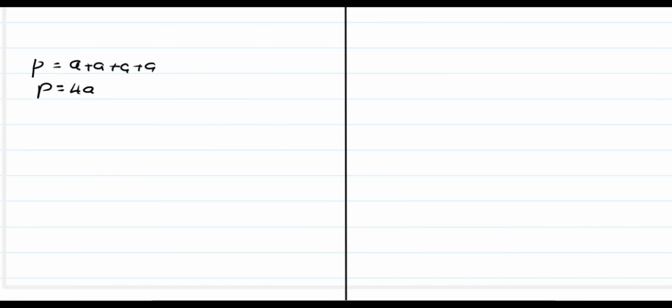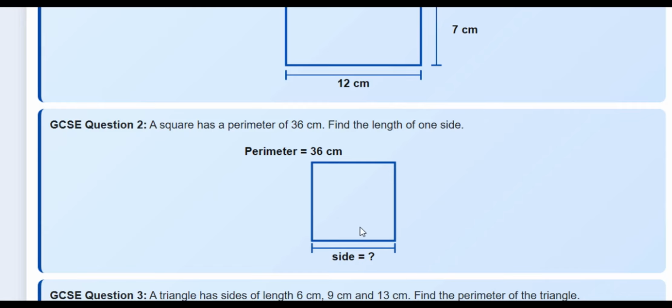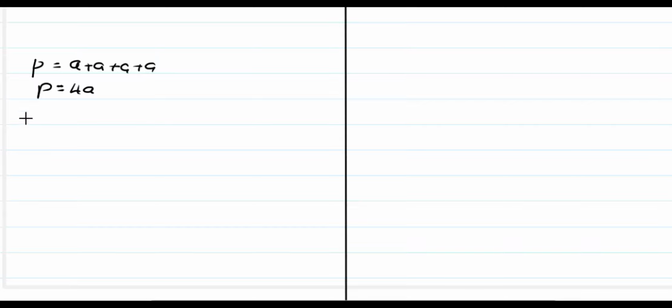And then you are told in this question the perimeter is 36. So the perimeter P you are already given is 36 centimeters. Then you are asked to find one side. So 36 would be equal to 4 multiplied by a.